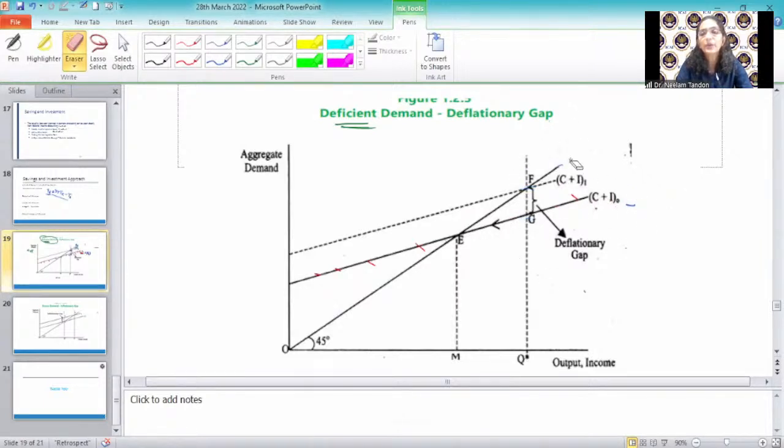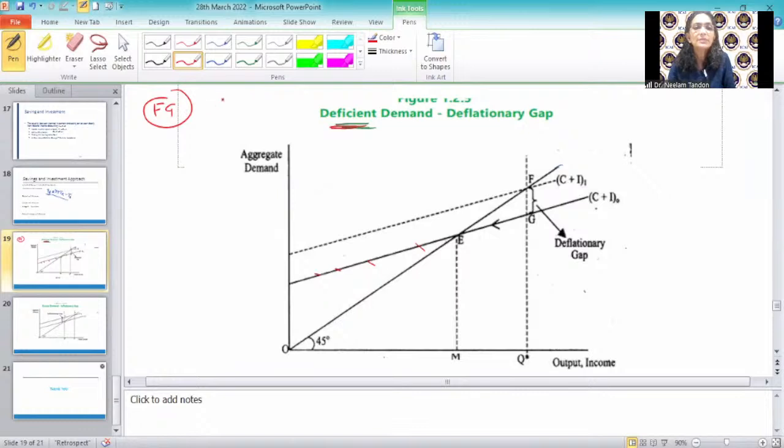At point F, do understand that G is the point at which aggregate demand is, but you need it at point F. That means FG is deficit demand, one component. Now, what are the repercussions of this? What happens because of FG deficit demand?